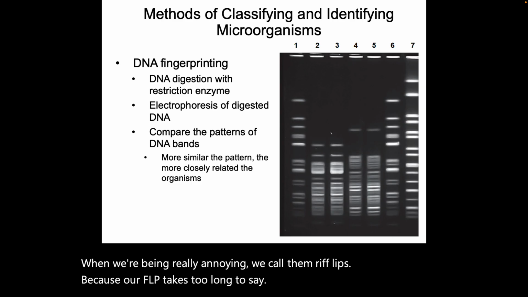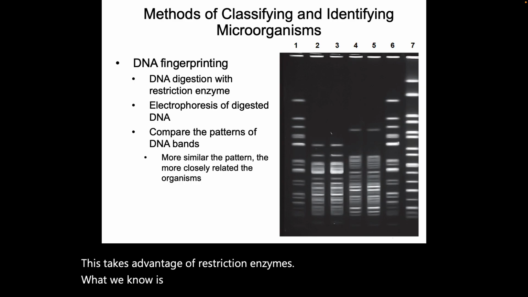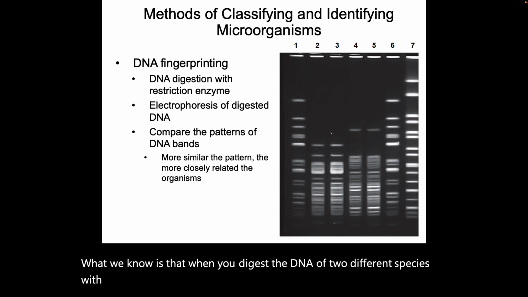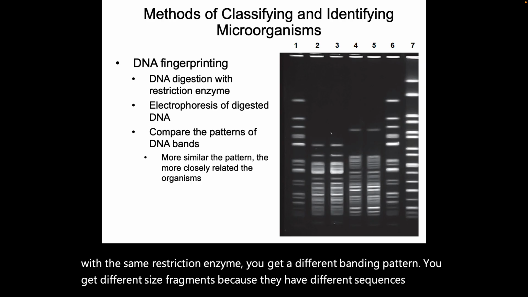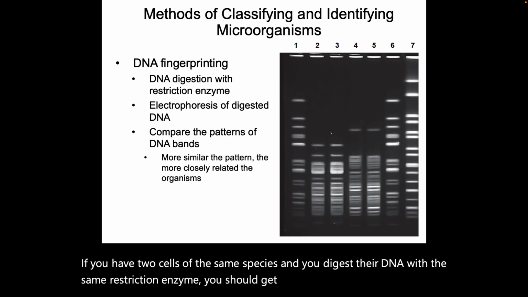This takes advantage of restriction enzymes. What we know is that when you digest the DNA of two different species with the same restriction enzyme, you get a different banding pattern. You get different size fragments because they have different sequences of DNA. If you have two cells of the same species and you digest their DNA with the same restriction enzyme, you should get the same pattern.